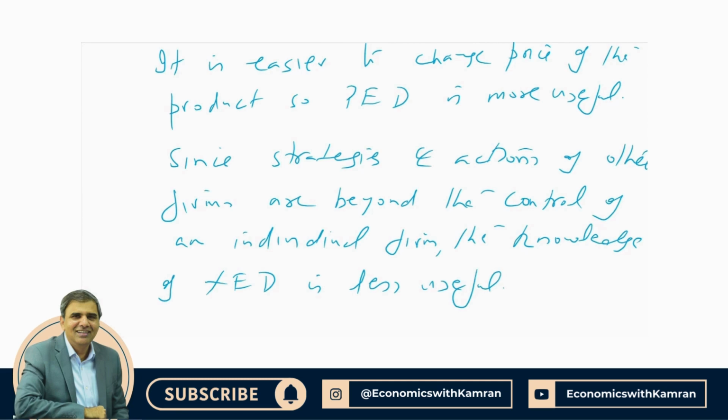Even though I know that my cross elasticity is plus 0.8, it won't be minus 0.8. I know it's a substitute, but what can I do? Because I can do things within the domain of my own firm, but I cannot really go on and alter or influence the strategies and actions of my competitors. That's why knowing cross elasticity is of less significance than knowing PED.